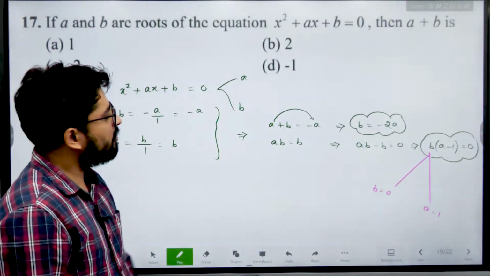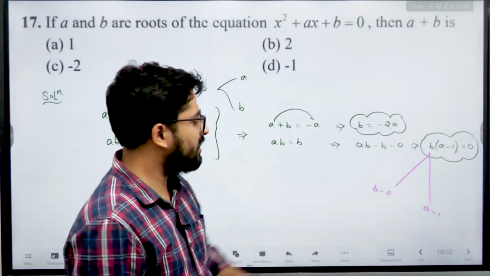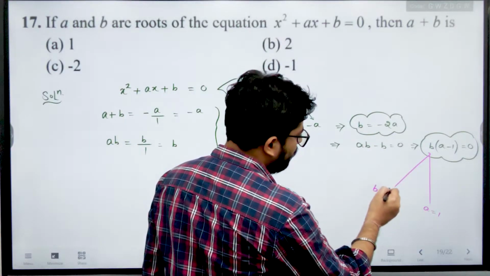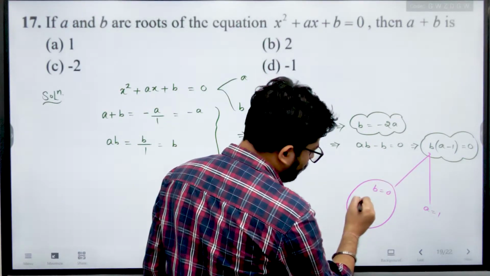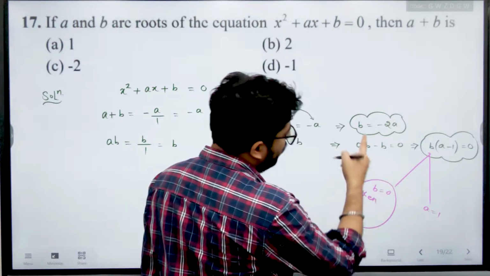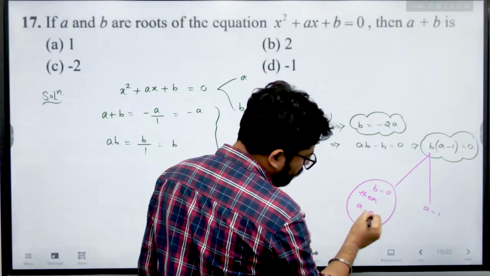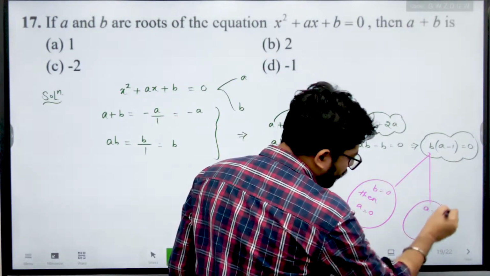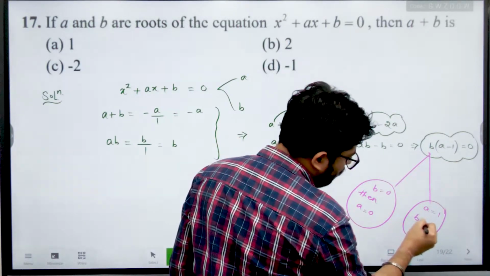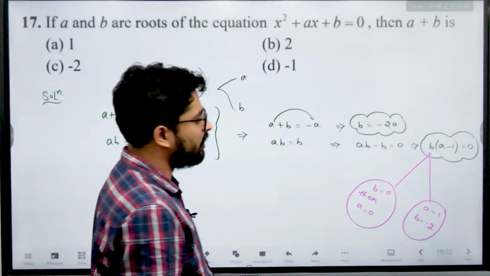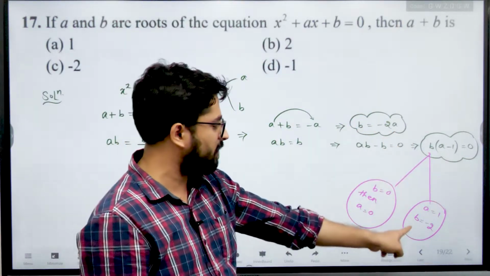If b is equal to 0, then we know b is equal to minus 2a, so a is also 0. If a is equal to 1, then b is equal to minus 2 into a, that's minus 2 into 1, which is minus 2.